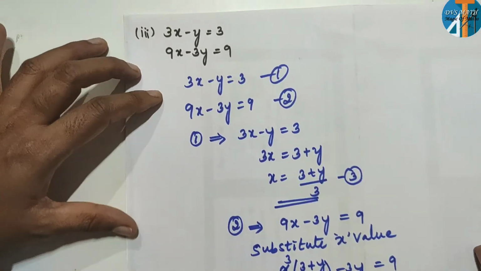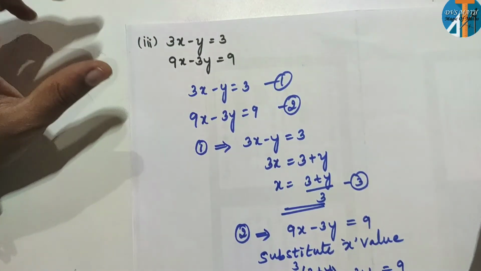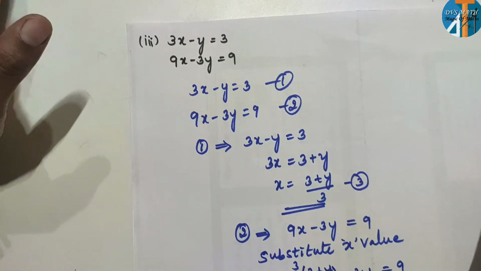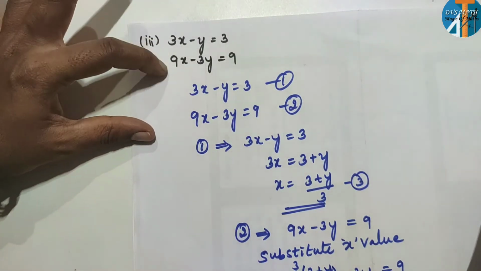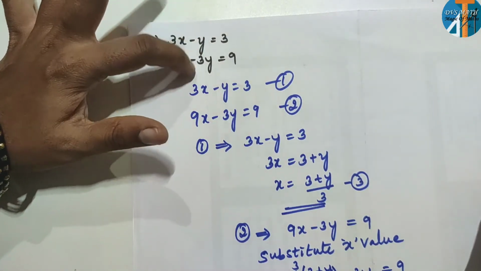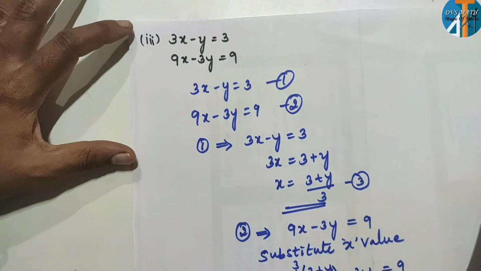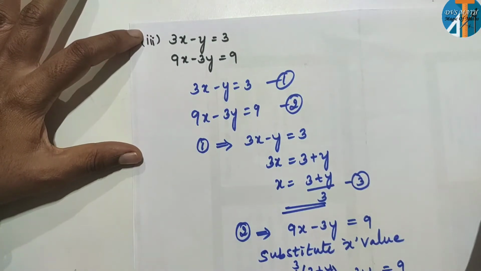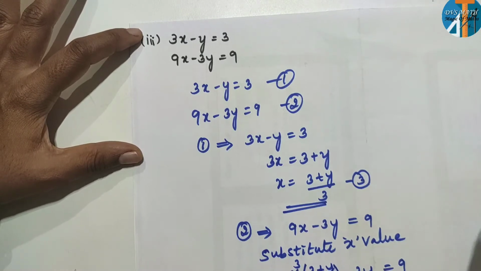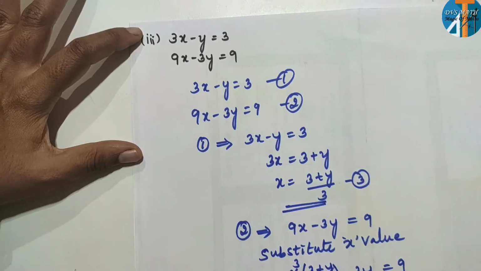Here you can check now, as you all know the conditions for parallel lines, coincident lines and intersecting lines. 3 by 9 means 1 by 3. Again minus 1 by minus 3 means 1 by 3. Again 1 by 3. All are equal. So a1 by a2 is equal to b1 by b2 is equal to c1 by c2. If all are equal, what are the lines? Coincident. Coincident means they have many solutions.